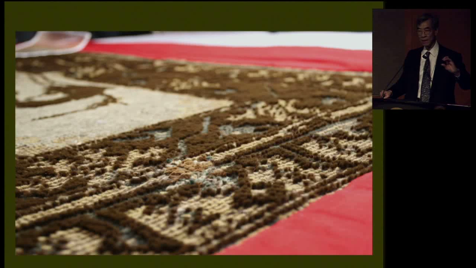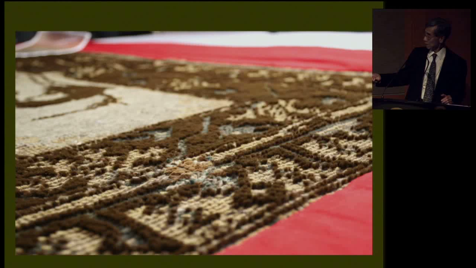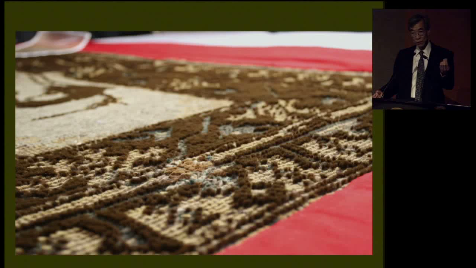It is actual animal fur, which does not decay in the same way as wool. All the woolen parts have disappeared, leaving the part woven with animal hair standing up.